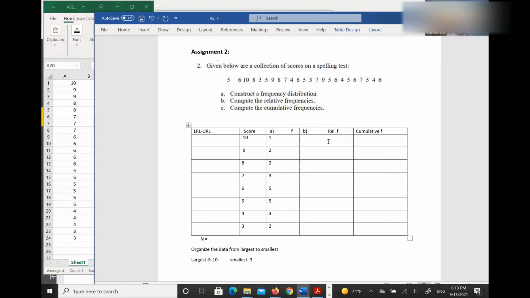To find the relative frequency, you need to divide f by the sample size n. What is f in this case, everyone? f is the frequency of this row. What is the frequency of this row? It's 1, right? You can see that it's 1.